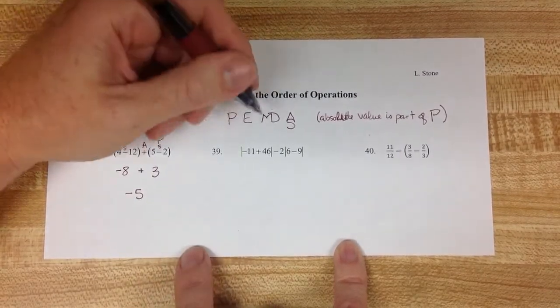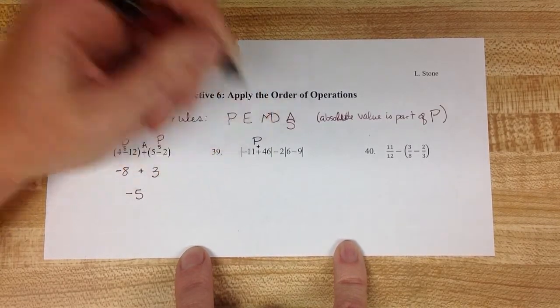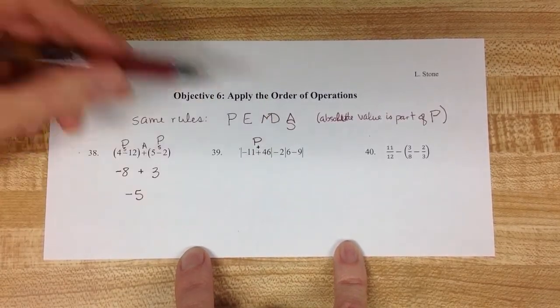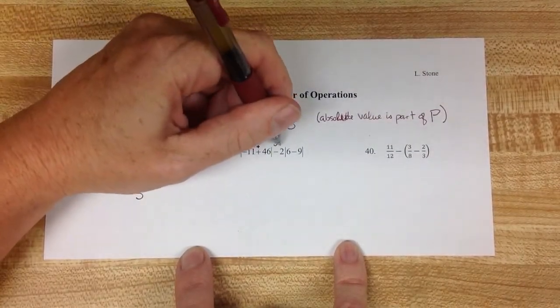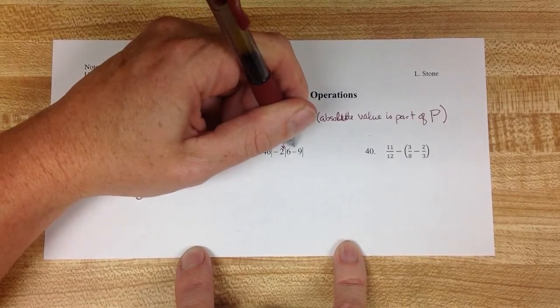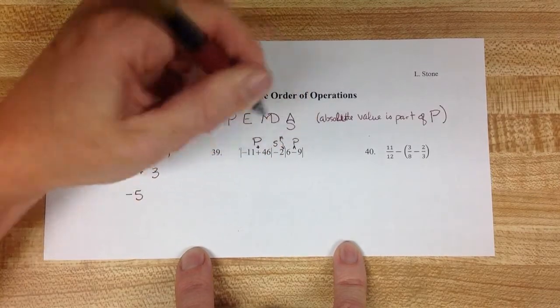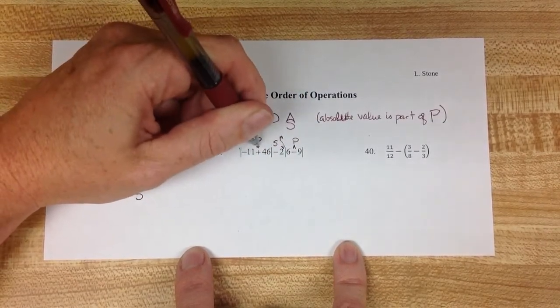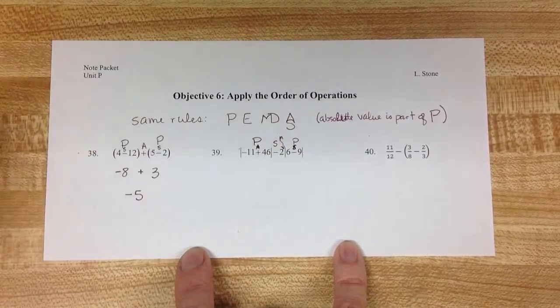Looking at the next problem, I've got addition, but it's inside this absolute value, which remember we're going to call P. I've got some subtraction. There's multiplication snuck in right there, and some more addition, I'm sorry, subtraction inside the grouping.